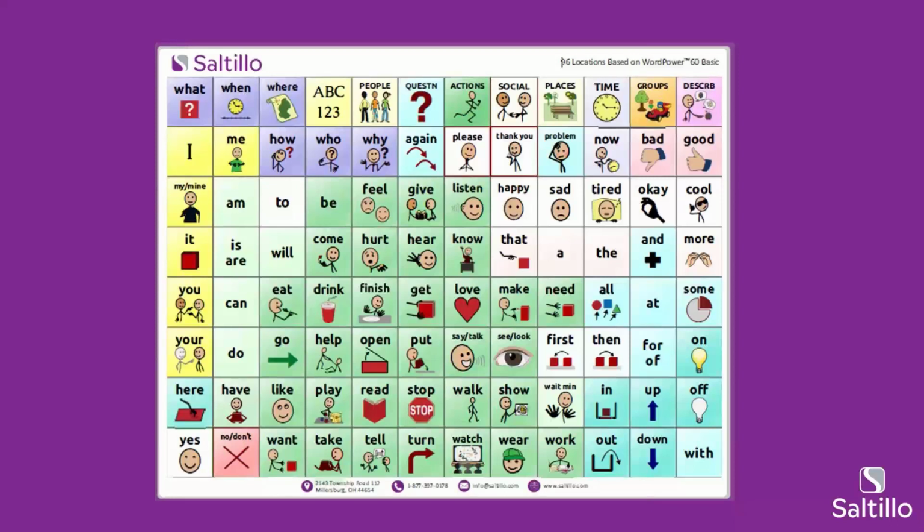And as we're talking, look at what core words am I using. Some of them may not be on here, just so you're aware, because some of them are describing words that might not be on this low-tech board necessarily, but you can use different ones. It doesn't have to be the same ones that I'm using as I'm talking. So just keep that in mind and follow along.